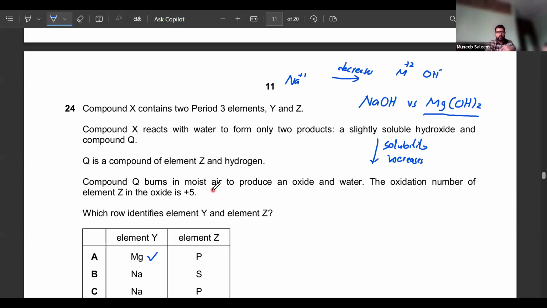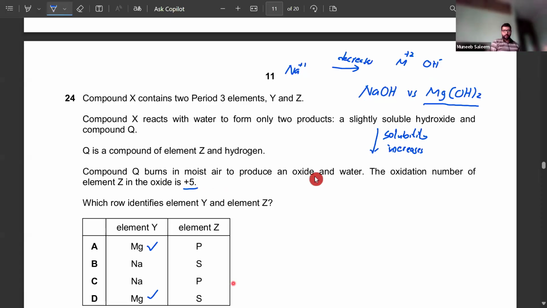It says that it forms the oxide when burnt in moisture, and that oxide has a +5 state on it. Now, for element Z, we know that there are only two elements present, phosphorus and sulfur.